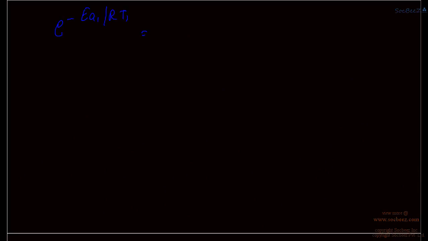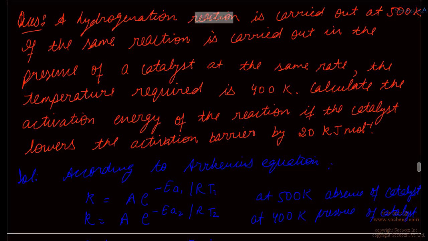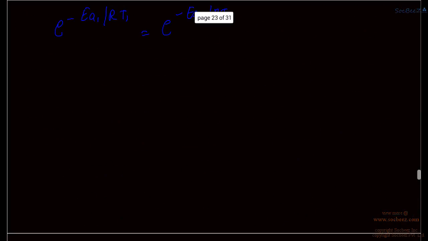Therefore, e raised to the power minus EA1 upon RT1 equals e raised to the power minus EA2 upon RT2. Here, because K in this case and K in this case are the same, EA1 upon RT1 equals EA2 upon RT2.